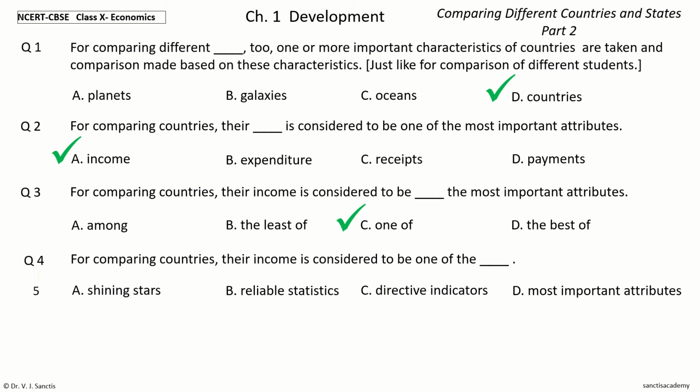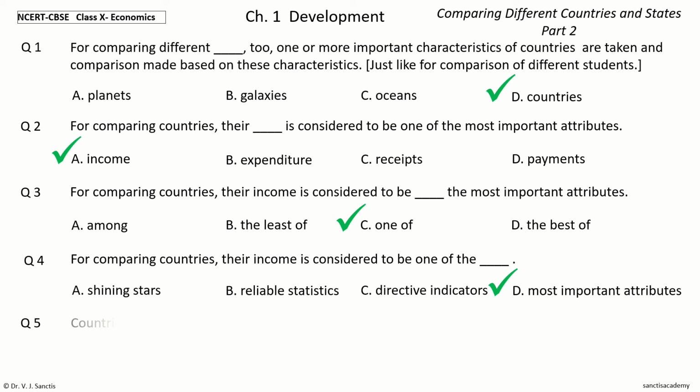Your time to choose. And the answer is most important attributes. So, for comparing countries, their income is considered to be one of the most important attributes.